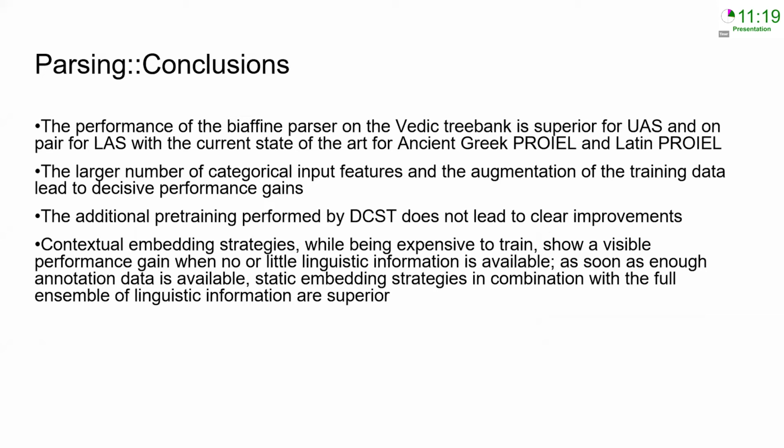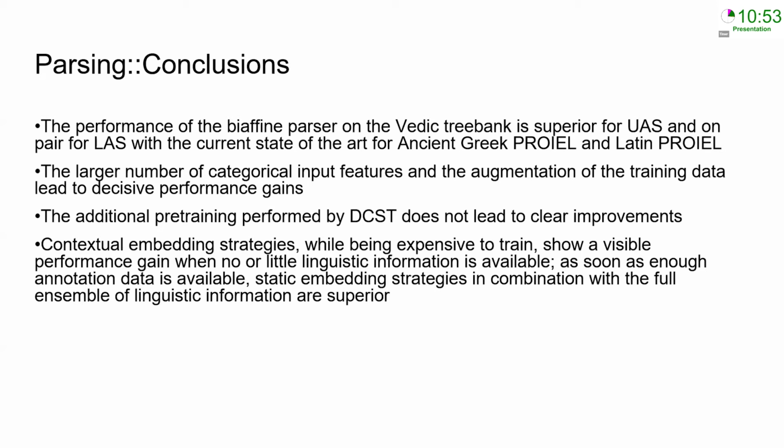And the additional pre-training performed by the DCST model does not lead to clear improvements. And contextual embedding strategies, while being very expensive to train, show a visible performance gain when no or little linguistic information is available. But as soon as enough annotation data is available, static embedding strategies in combination with the full ensemble of linguistic information are finally superior in the case of Vedic.